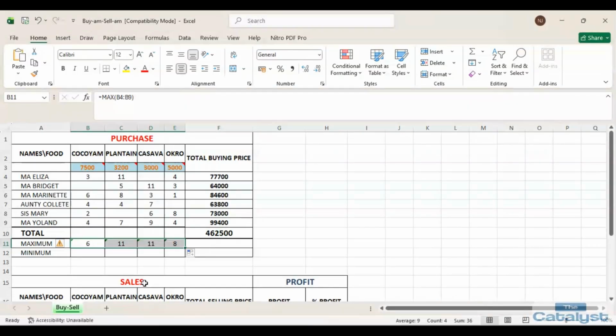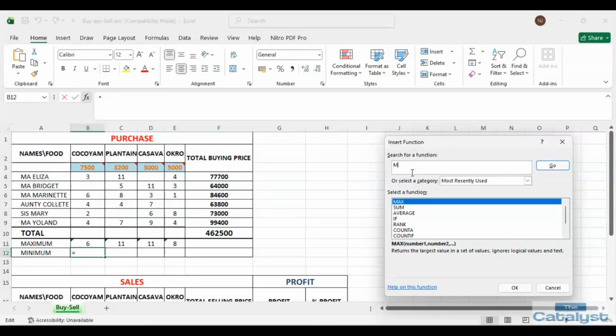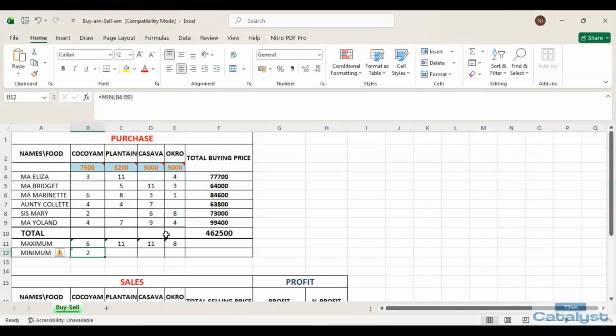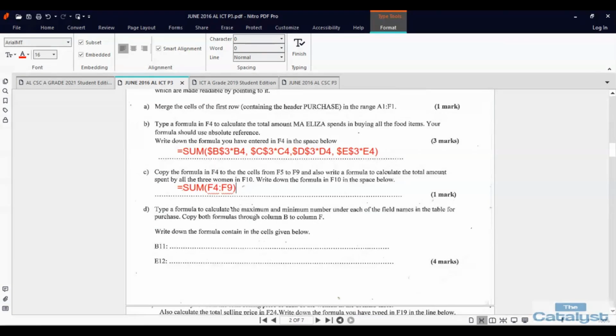Same thing has to be done down here. We use min, or the minimum, from this to this, and we cut across. So write down the formula in B11.